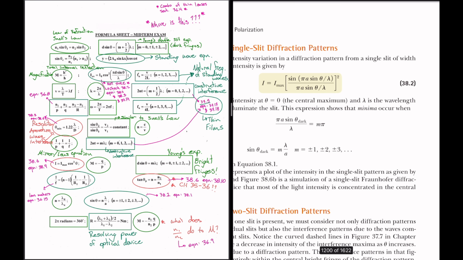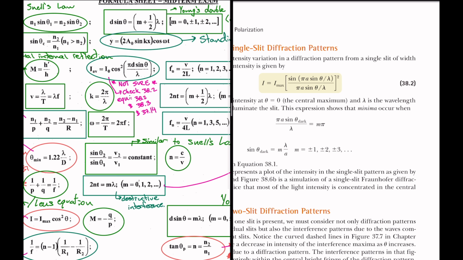This equation looks kind of familiar, and I actually wrote over here, not sure, check section 38.2, check equation 38.2 and 38.3. And over here, you can see equation 38.2. The reason I wrote that is because I saw I equals I and then something complicated over here.